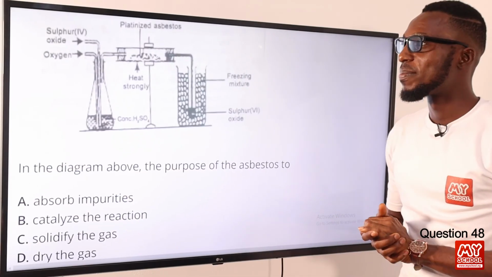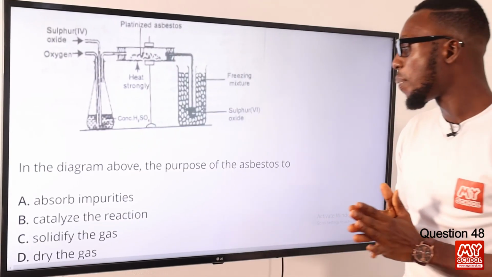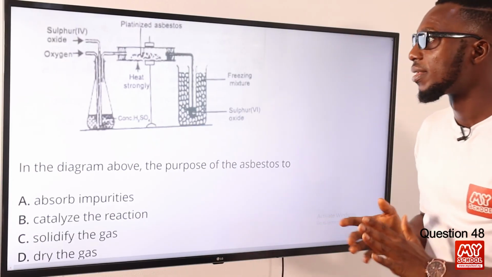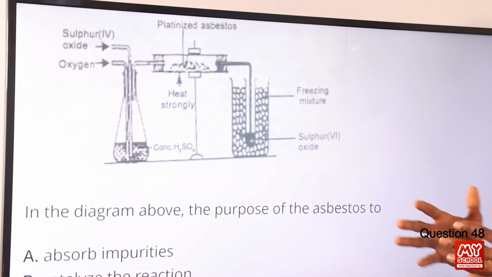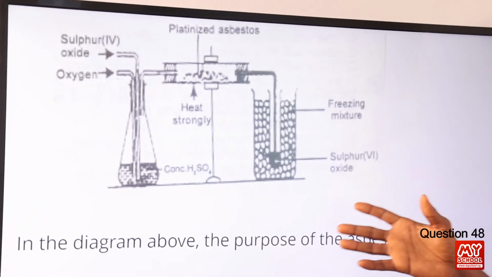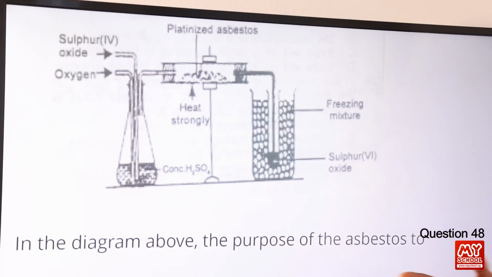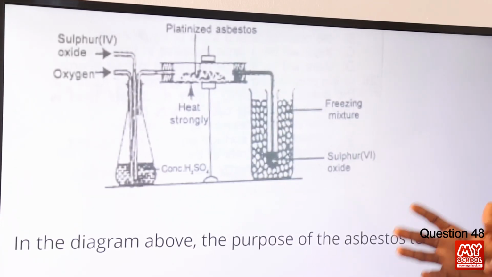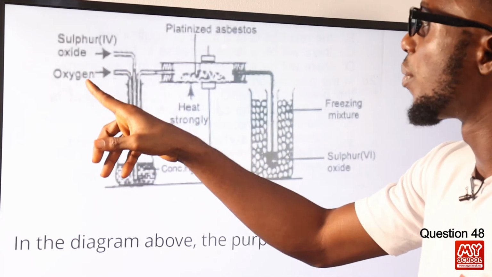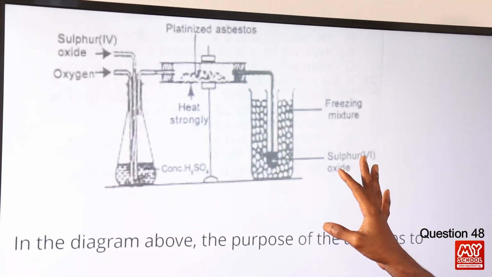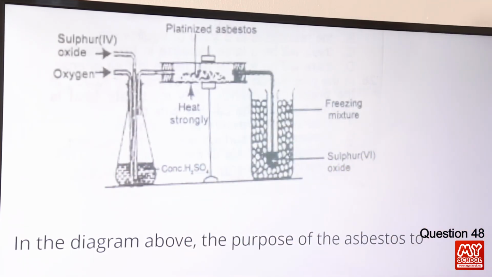Question 48. In the diagram above, the purpose of the asbestos is to do what? The process you are seeing above is also what you see in the contact process for the industrial manufacture of sulfuric acid. Basically this experiment is set up to prepare sulfur 6 oxide. Ordinarily we know that sulfur 4 oxide will not combine with oxygen to give you sulfur 6 oxide, so you just have to influence the process.